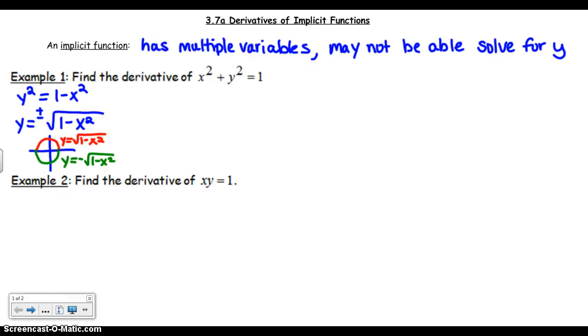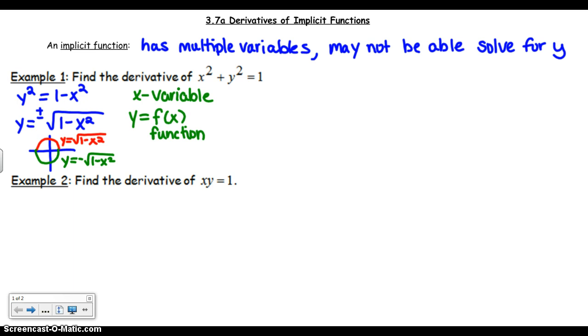Something that you have to keep in mind is x is a variable, but y is a function. y is the same thing as f of x. y is a function, okay? And there's a difference here.